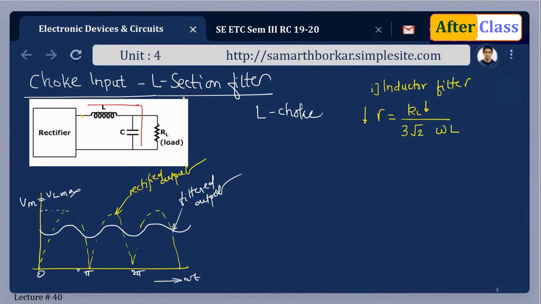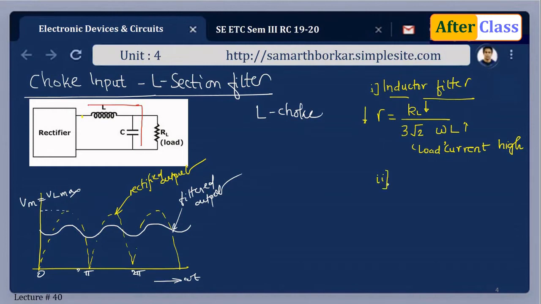So this particular filter, the L section inductor filter, is used in case when the load current is high, or we say simply the load is high, or else we have to increase the value of L so as to reduce the ripple content. Now this was about the inductor filter.